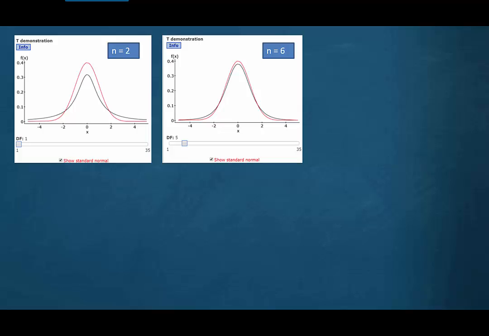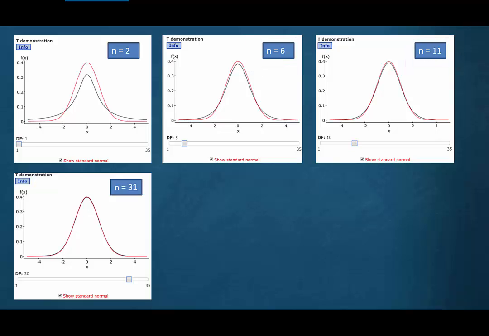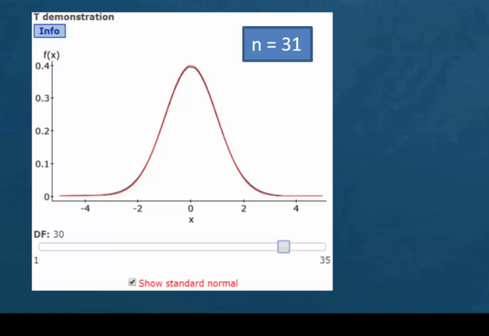In particular, there's a thickness in the tails of the t that we don't have with the normal. But as I increase n, here's n equals 2, then n equals 6, n equals 11, what do we notice as I'm increasing these? It's getting closer to the normal. In fact, once you get above 30, they're basically right on top of each other.